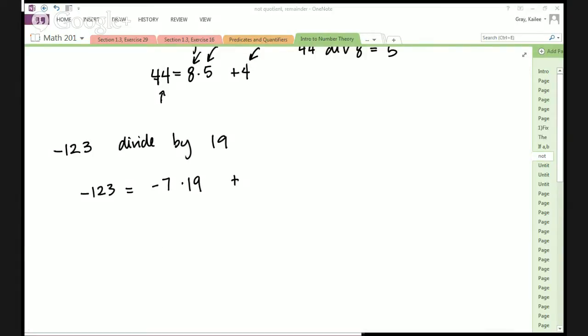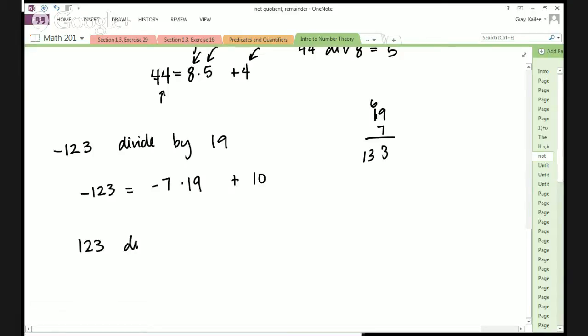Oh, now I need my calculator again. Oh, I shouldn't, I can do this by hand. 63. 6 and 7 is 13, so plus 10. Now, this is confusing because if I was trying to take 123 divided by 19, I'd undershoot it.